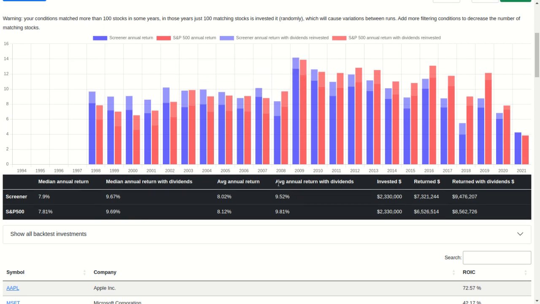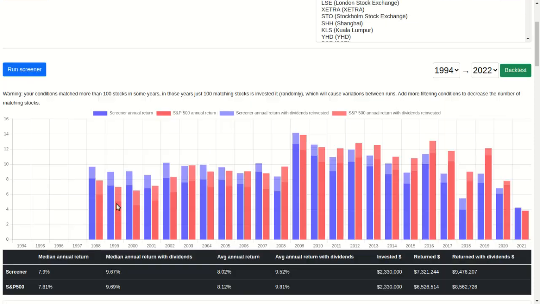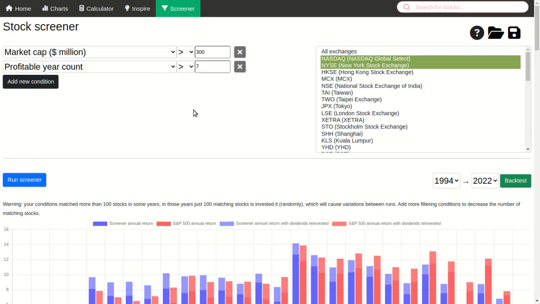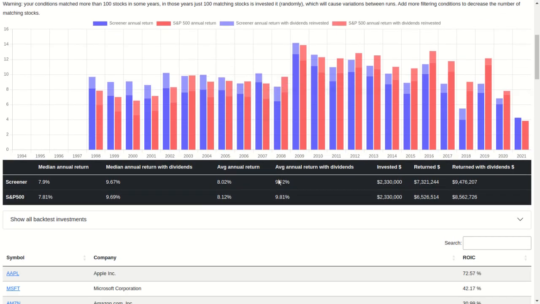And then we can see here what the return is. So the median annualized return is roughly in line with the S&P 500, as expected, since we didn't really add any additional filtering here, and the average is similarly roughly in line with the S&P 500. And our returns are pretty close as well.